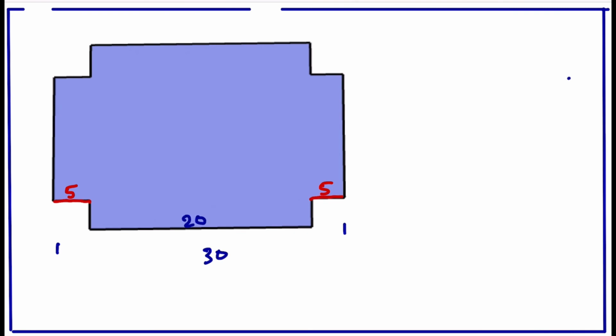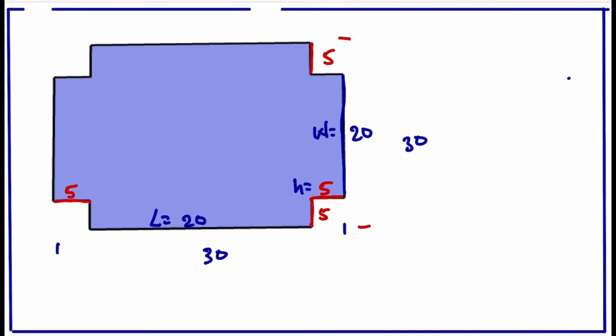If we want to calculate the width, the same: this is 5, vertical line, this is 5, and all of it was 30. If you minus 5 and 5, the width will be 20. So this is the length, this is the width, and the height of the box is 5.